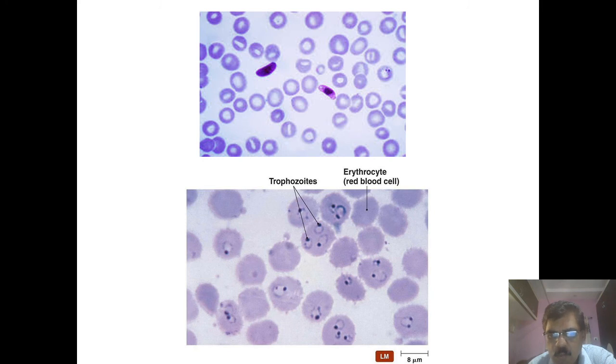These are the trophozoites which are seen in the RBCs. This is an intracellular parasite. It lives within the cell, and these are the trophozoites which are ring shaped, and these are endoparasitic in nature, and these are the sporozoites you can see within the blood.